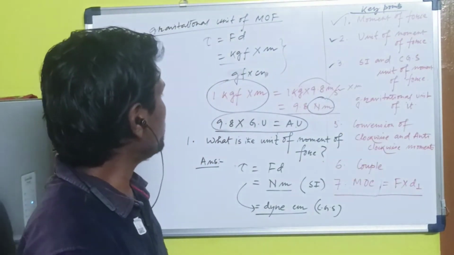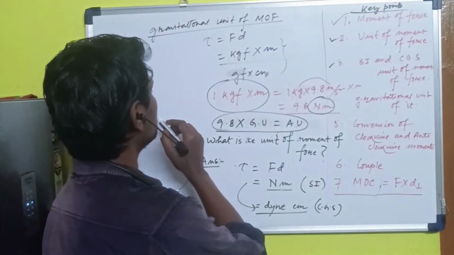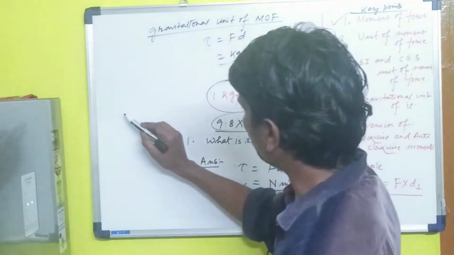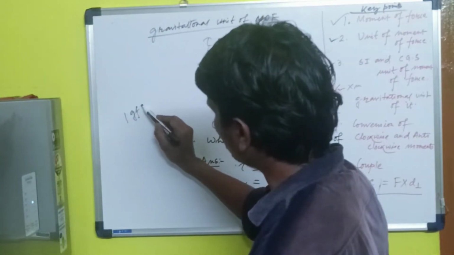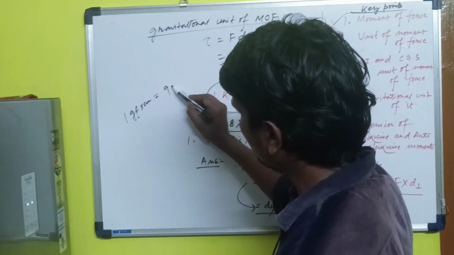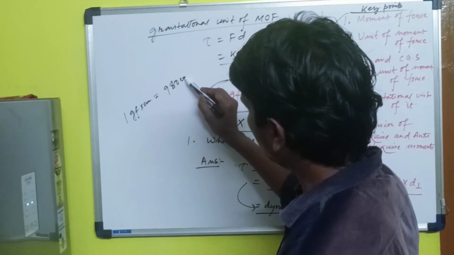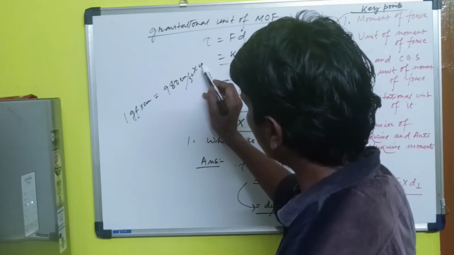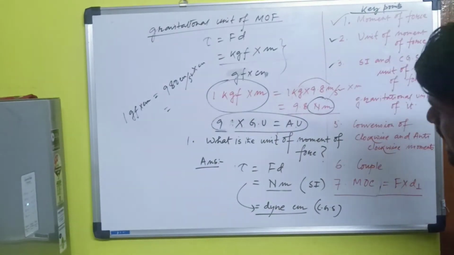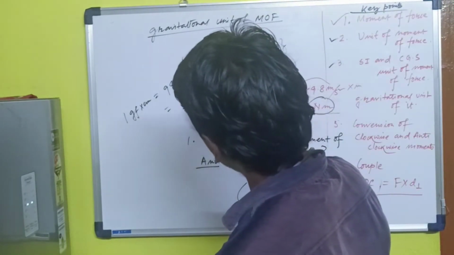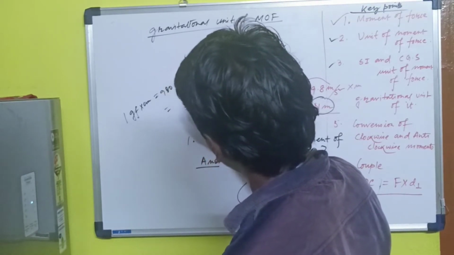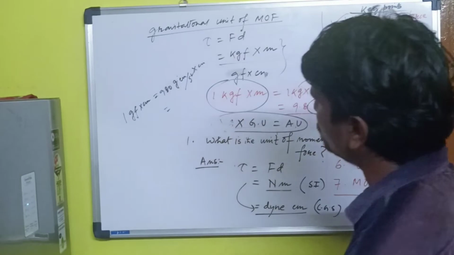And if we change, suppose, 1 gram force into centimeter to an absolute unit, then you have to multiply by 980 centimeter by second square into centimeter. This is 980 gram centimeter by second square into centimeter.